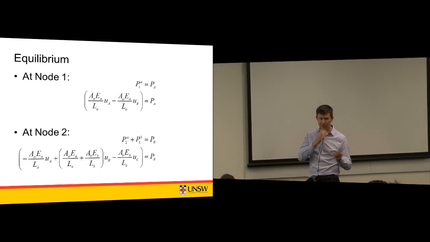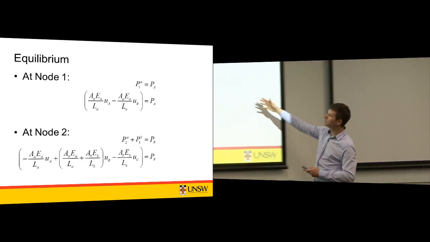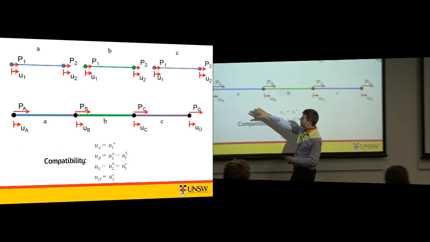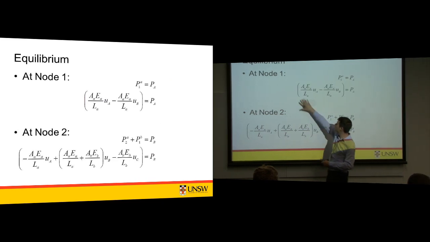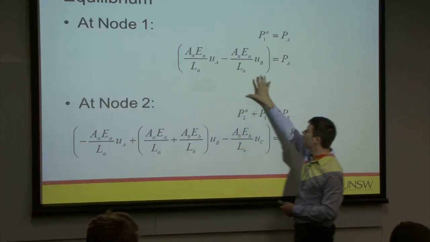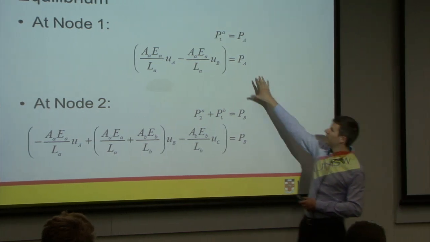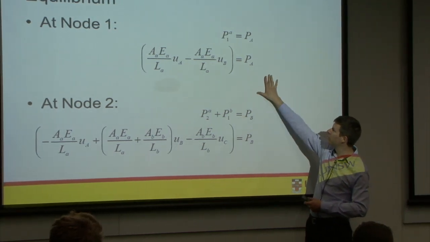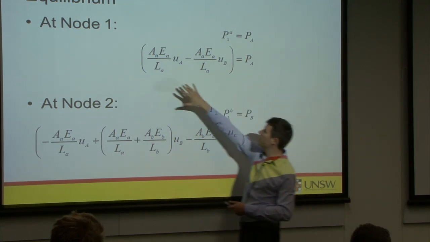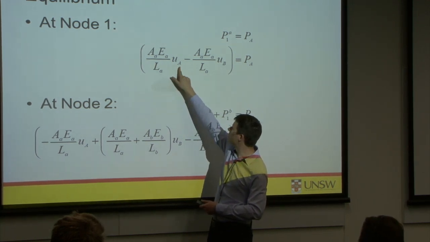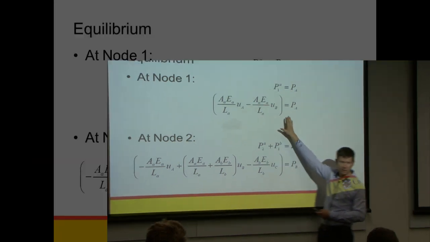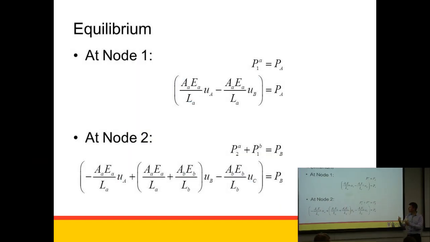So how does that work at node 1, node capital A? That's our stiffness, AE on L. The force at the leftmost node, PA, is AE on L for element A times the displacement of A minus the displacement of B. So it's how much that extension is, times the stiffness, which we've defined as AE on L. That's what the force is going to be.